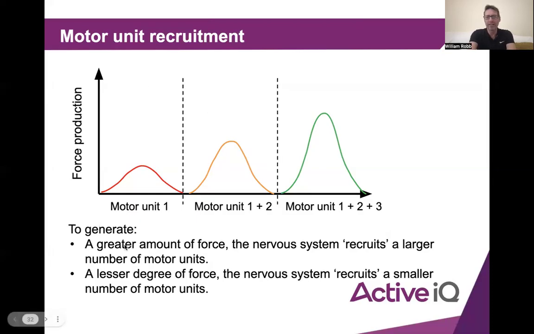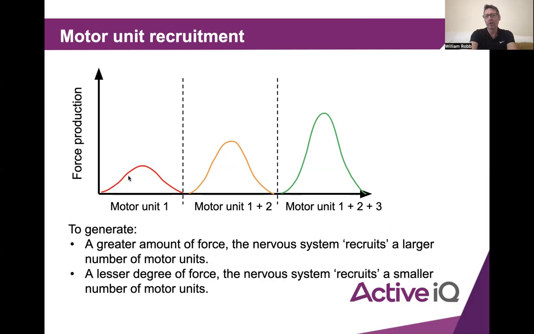To generate a greater amount of force, the nervous system recruits a larger amount of motor units. To a lesser degree of force, the nervous system recruits a smaller amount of motor units. So if I want to pick up a lighter weight, I recruit fewer motor units than I would need if I'm doing a heavier weight.